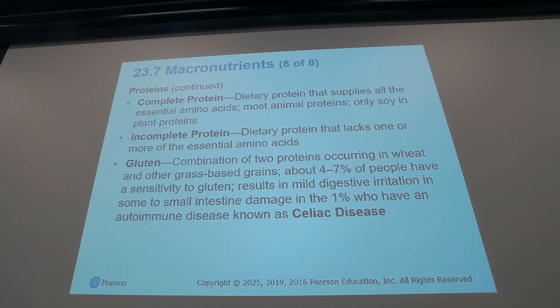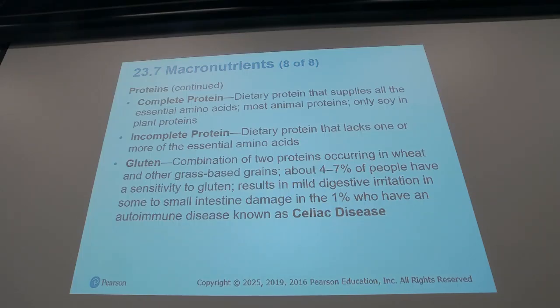And then we can subdivide the proteins into complete and incomplete. Complete will be the ones that give you the 20 amino acids. Incomplete, the ones that lack certain amino acids. And in our diet, if we combine some incomplete proteins, it can make up for a complete protein.